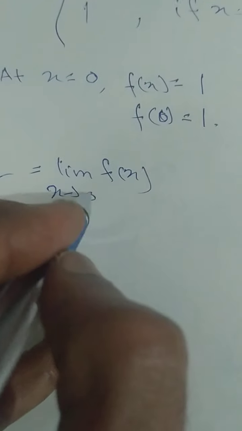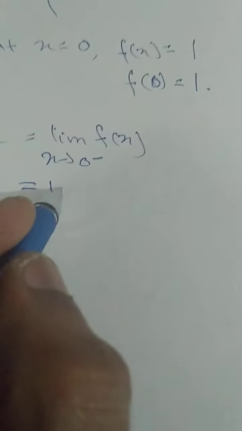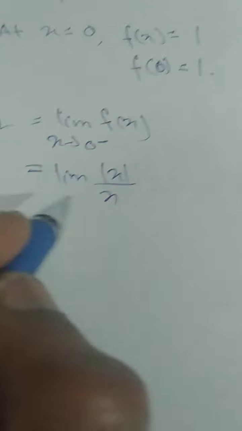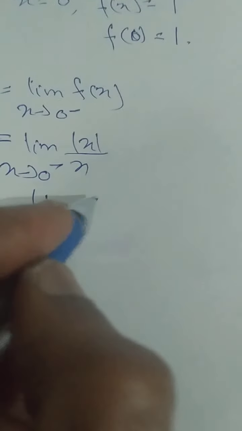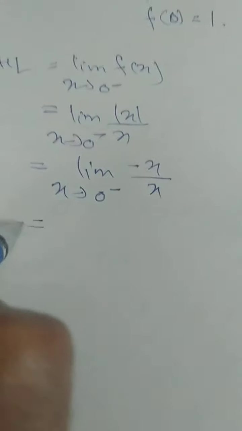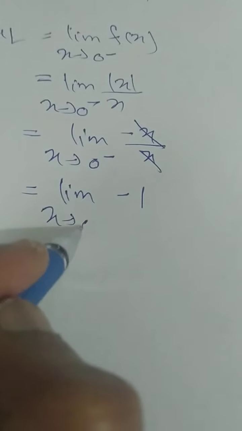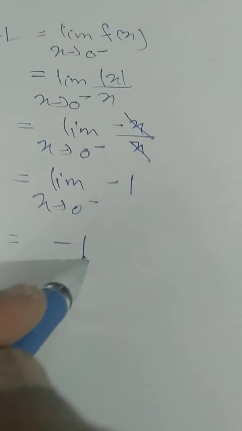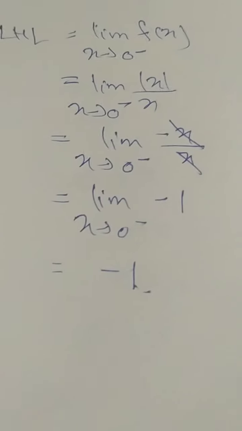So limit of f of x as x tends to 0 minus is equal to limit of mod of x by x as x tends to 0 minus, which is equal to limit of minus x by x as x tends to 0 minus. Here x and x will get cancelled, so it is limit of minus 1 as x tends to 0 minus, that is minus 1. So the value of LHL is minus 1.